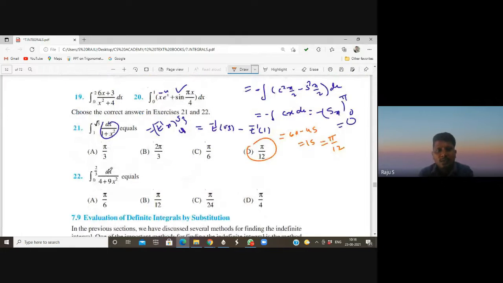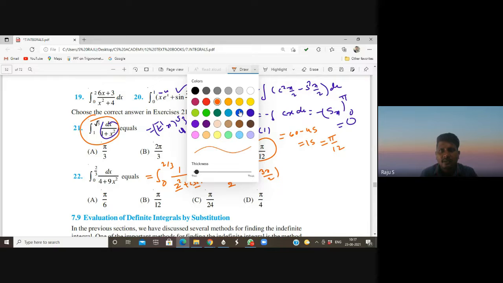Your next question also. This is nothing but what? It can be written as 0 to 2 by 3, and 4 can be written as 2 square. 3x the whole square is 9x square, that is 3x. This is like a square plus x square, like above. This is 1 by a, value 2, x value 3x, tan inverse 3x by 2.